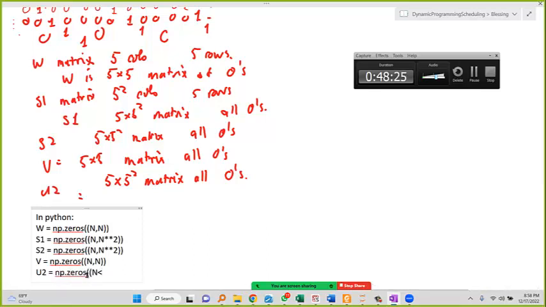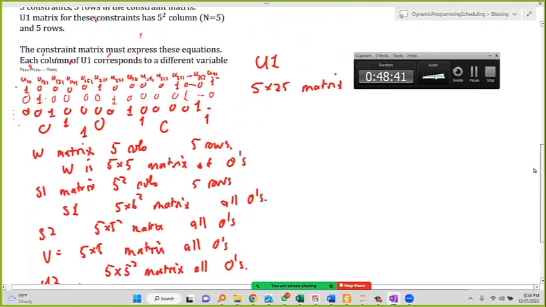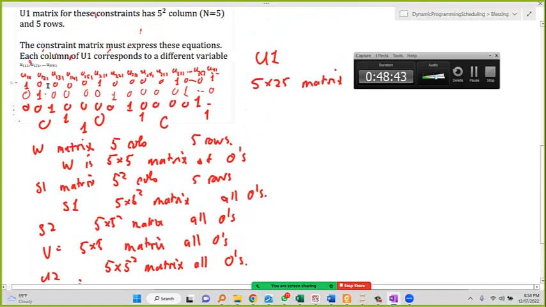Then you have your U1. We have to do U1 line by line, because each line is giving us a different one.